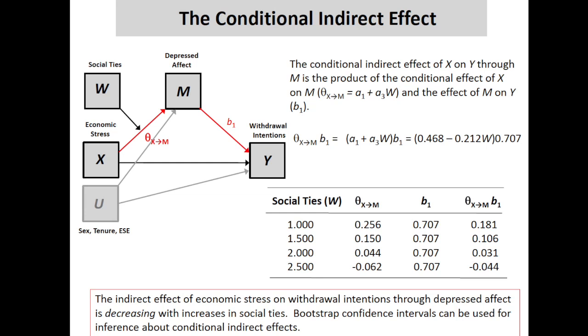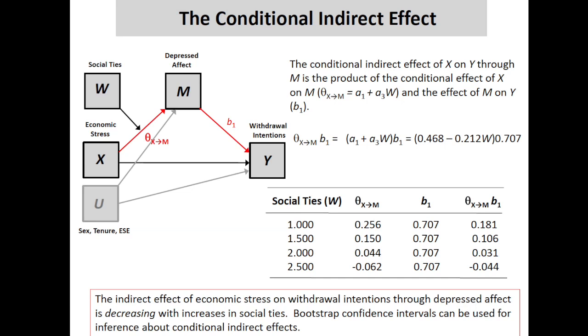So here I just arbitrarily chose some values of the moderator, social ties. We know that different values will produce a different effect of stress on depressed affect. So that depends on social ties. The effect of depression on withdrawal intentions does not depend on social ties, at least not in our model. That's not to say that it doesn't, but we haven't modeled it in a way that allows it to.